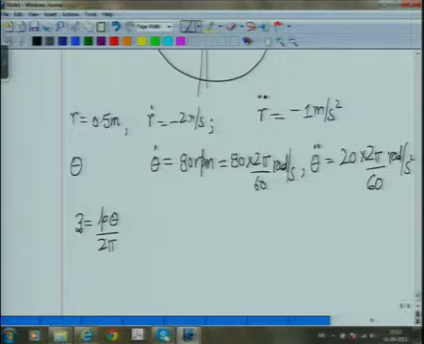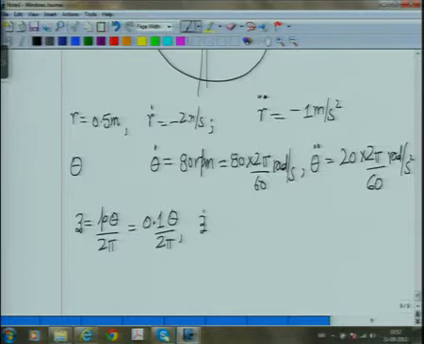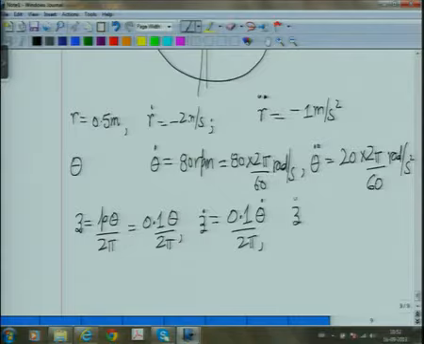So Z is equal to P multiplied by theta upon 2 pi. So this we can write it, what is pitch is given to us, we have to be careful with the units, is equal to 0.1 theta upon 2 pi. So what will be Z dot? Z dot will be 0.1 theta dot upon 2 pi, and Z double dot will be 0.1 theta double dot upon 2 pi, where theta dot and theta double dot have already been worked out.